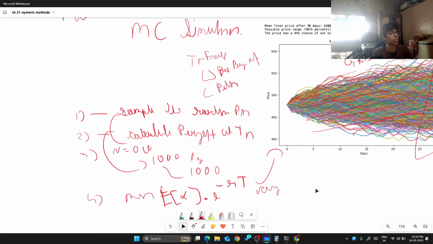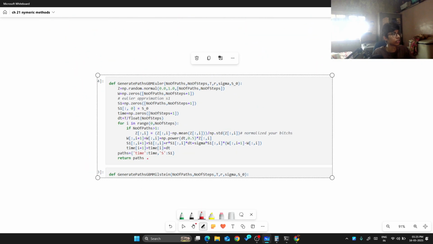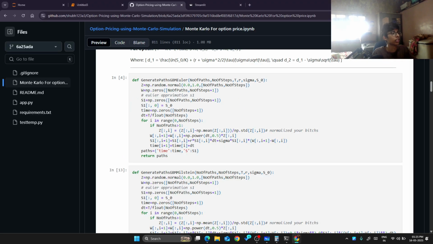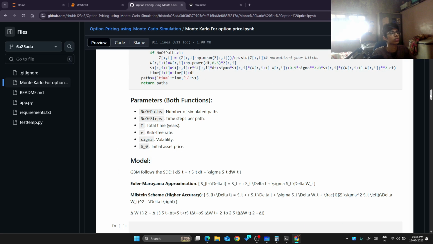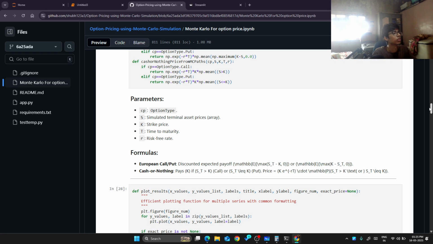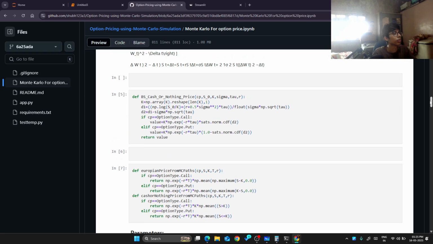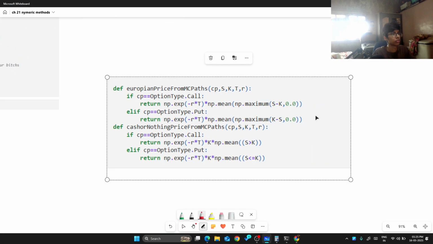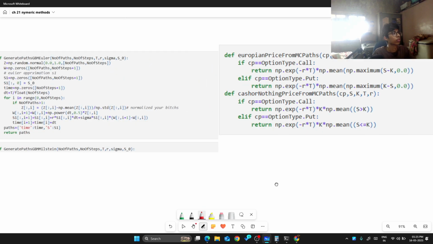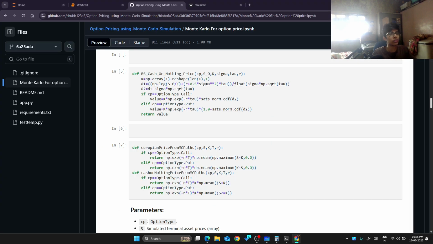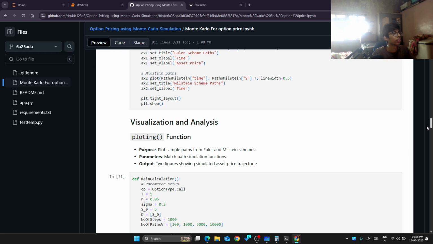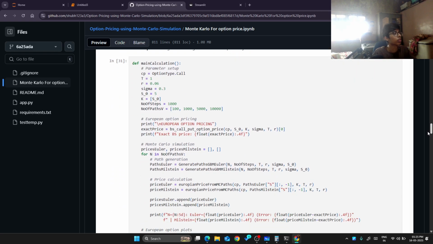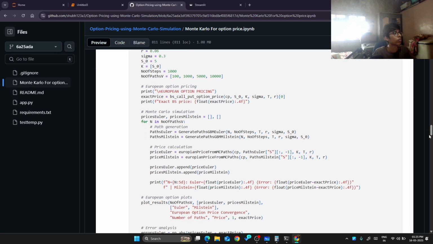I will print this, and then the important part of the code. What is the result? European call option MC part. And the main function.